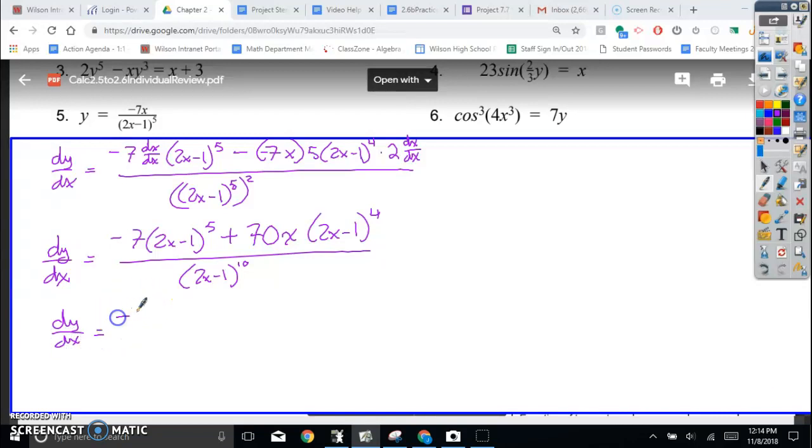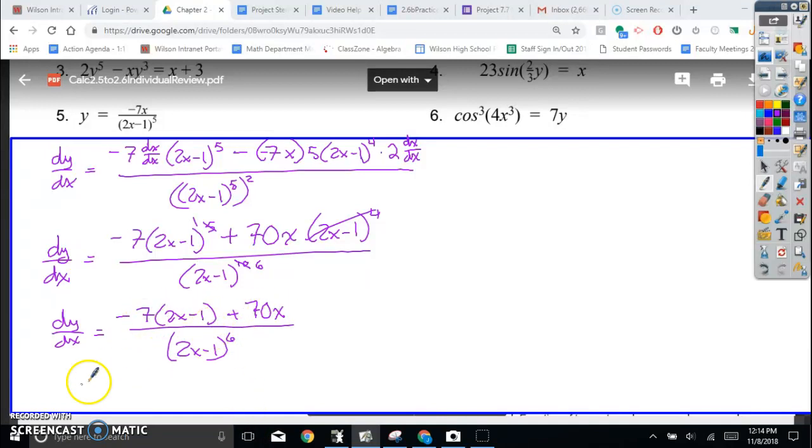So this will be negative 7 times (2x minus 1) plus 70x, and it's gone completely. So I'm reducing (2x minus 1) to the 4th. This becomes 1, and this becomes 6, over (2x minus 1) to the 6th.